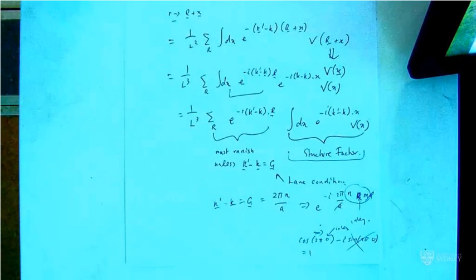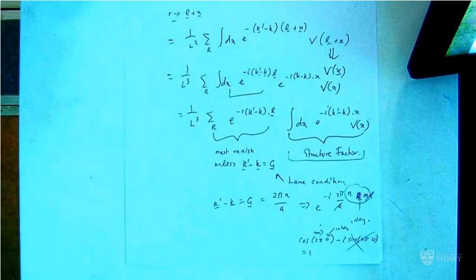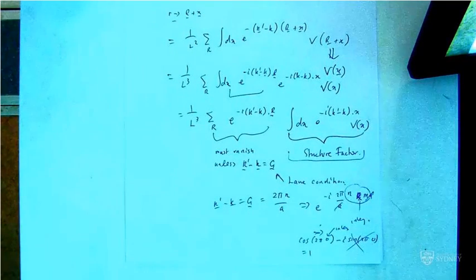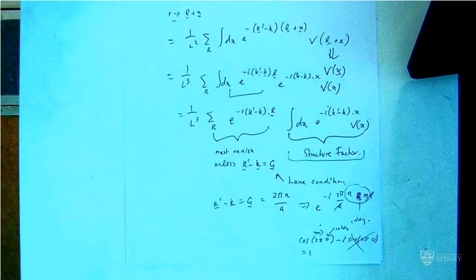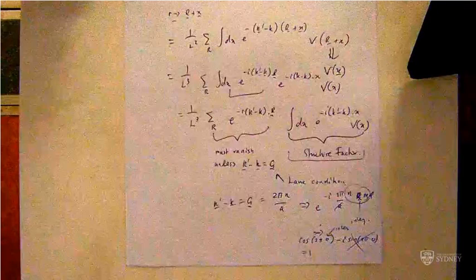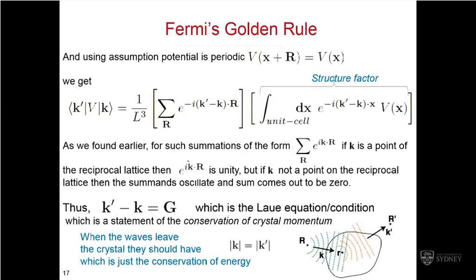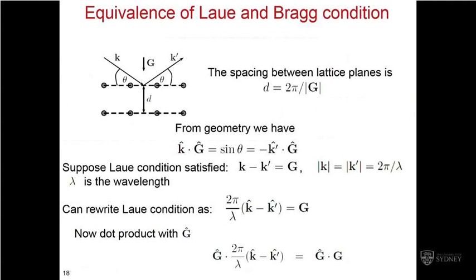Basically, that just summarizes what we did on the board, ending up with your structure factor there. So this is how to show that the Laue condition and the Bragg condition are the same. Basically, we're going to start off with the Laue condition and get down to the Bragg condition.